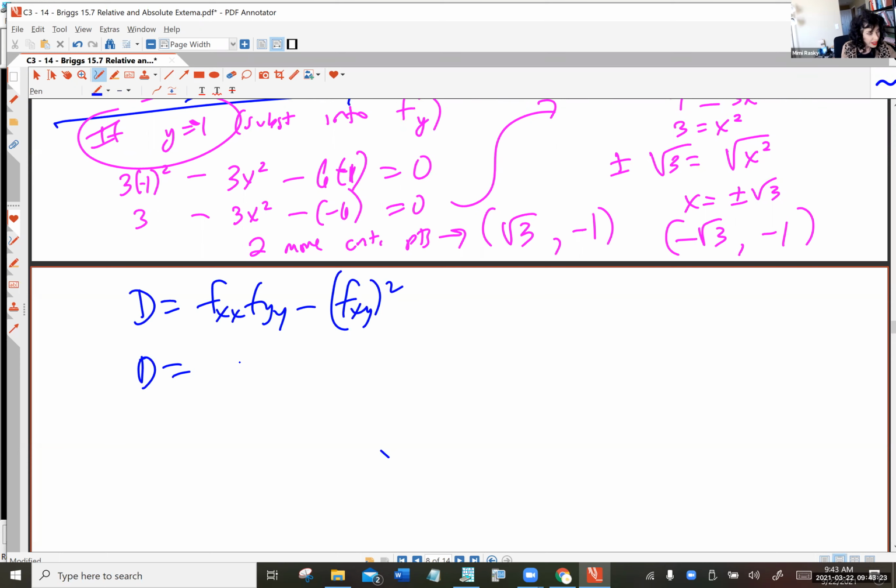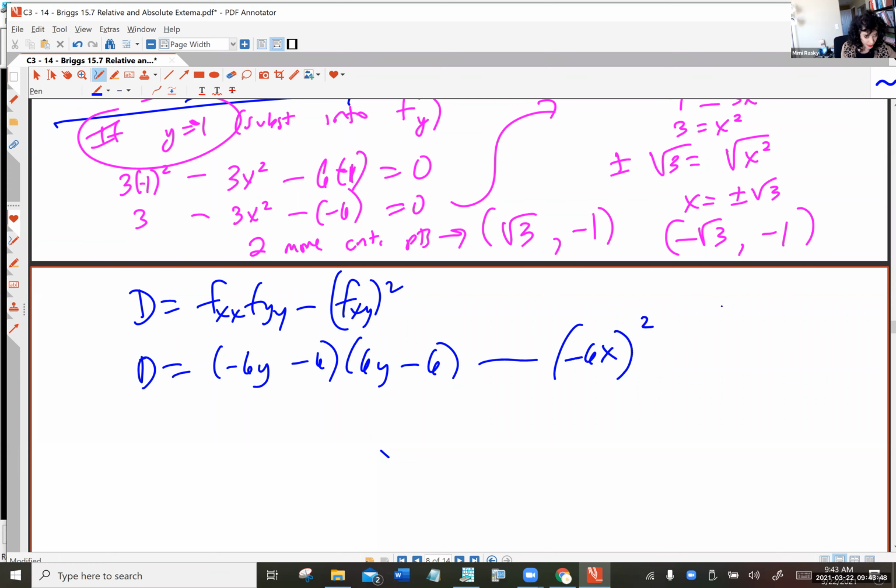So my f_xx would be what? -6y minus 6. My f_yy would be 6y minus 6. I think that's right. Minus f_xy. So I'm going to take the derivative with respect to y.